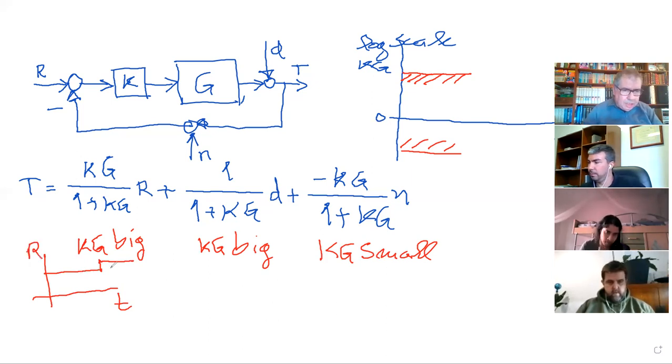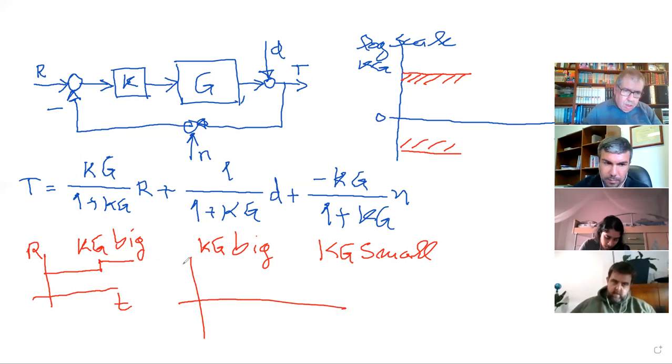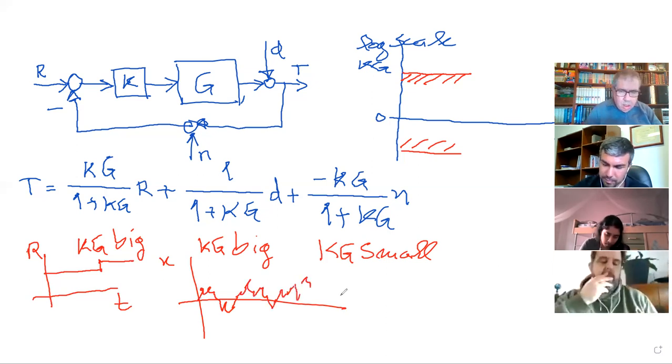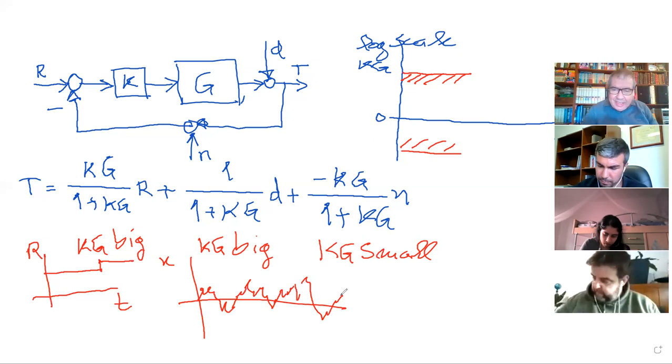So it's something which is constant. And what about noise? Noise is something that varies widely. So probably they exist in different domains of frequency.